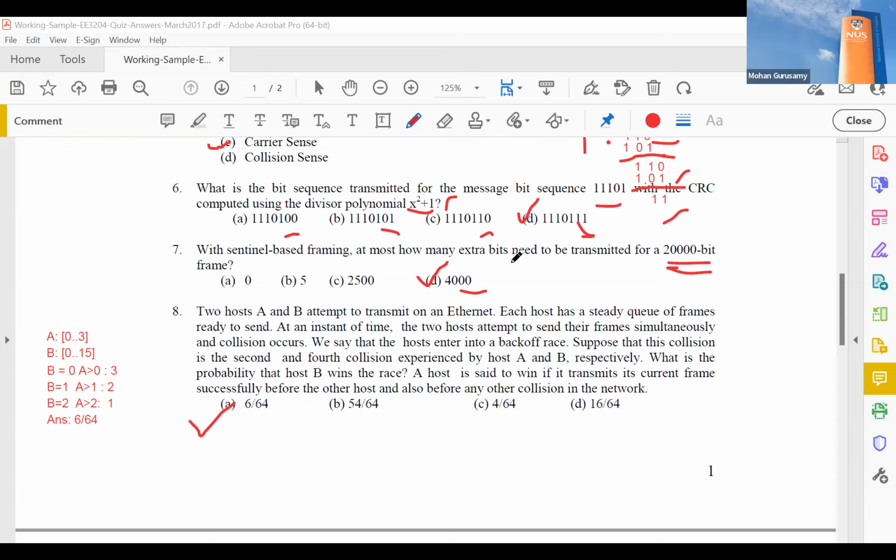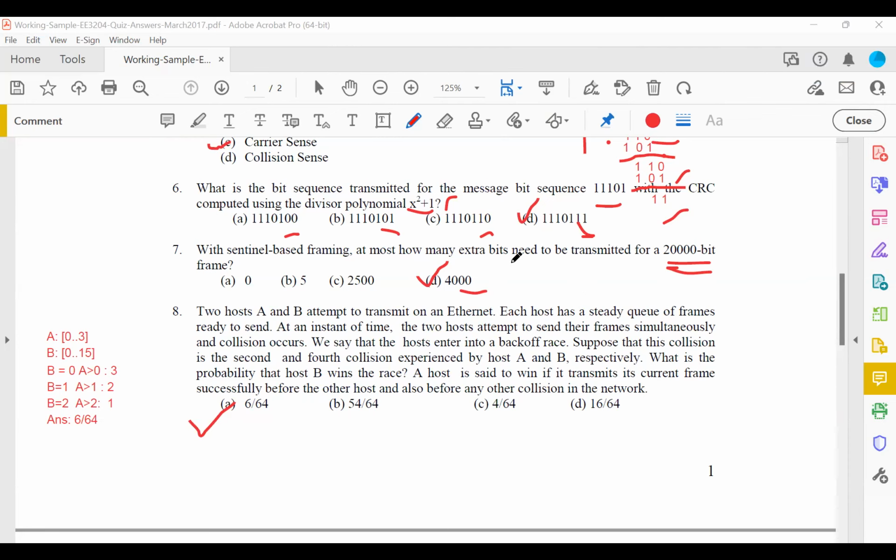PPP is a byte-oriented protocol. It carries bytes, not bits. So though it's not explicitly mentioned, when I talk about bits, you can assume that it's bit stuffing, not byte stuffing. So that refers to HDLC kind of bit stuffing. Is that clear?